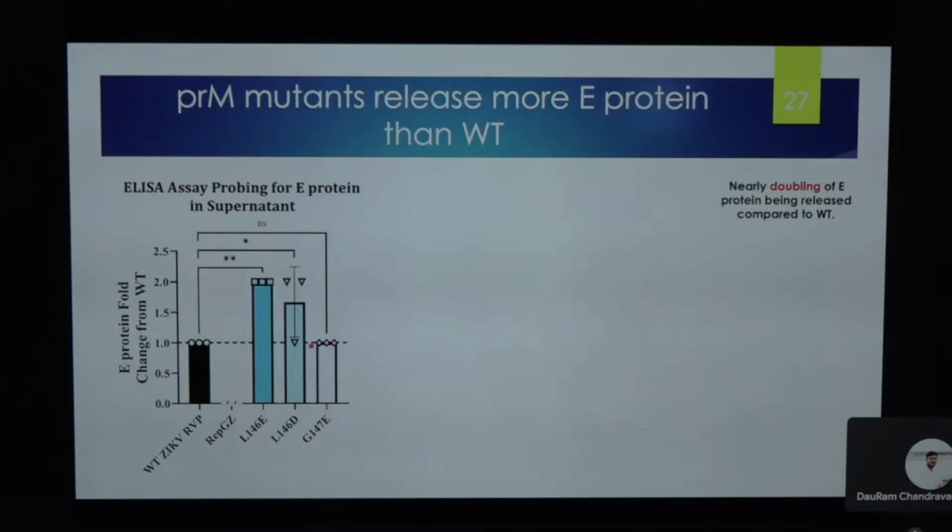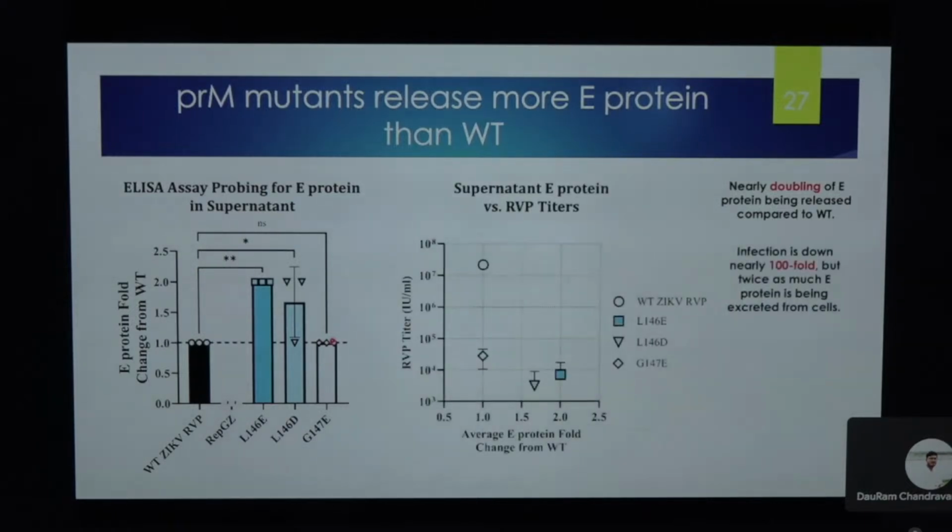Even G147E is still maintaining, but they're 3 or 4 logs reduced in titer. So all of this E protein being released might be empty particles. In fact, when we look at supernatant E protein versus RBP titer, infection is nearly down 100-fold, about a 2 log reduction, but we have a 2-fold increase in E protein being released.